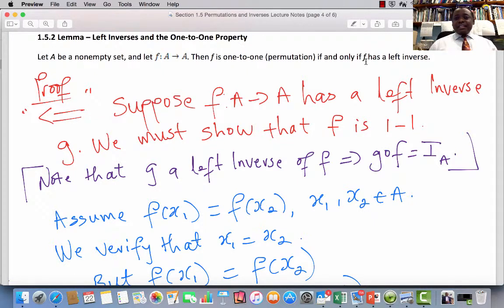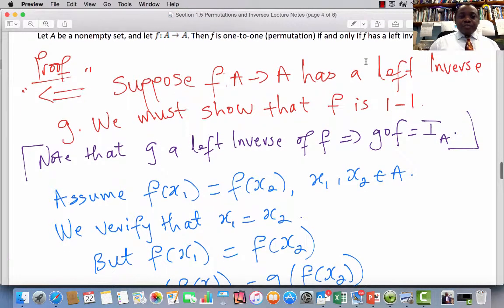We could consider this as a test for the existence of a left inverse. If I give you a function and I ask you, does this function have a left inverse? All you do is quickly check if the function is one-to-one. If it is, then a left inverse exists. And on the other hand, if a left inverse exists, then it is one-to-one.